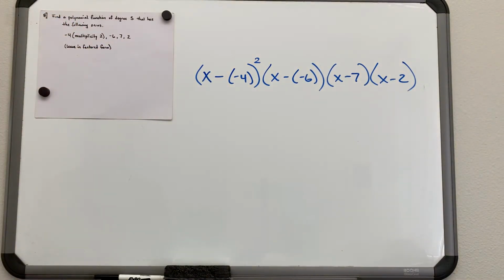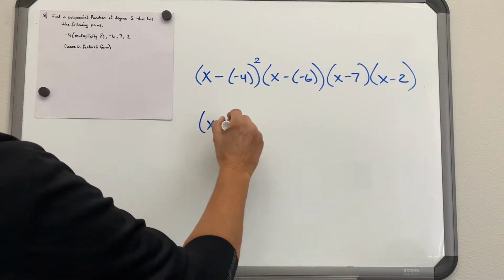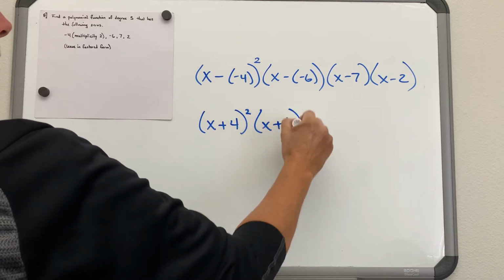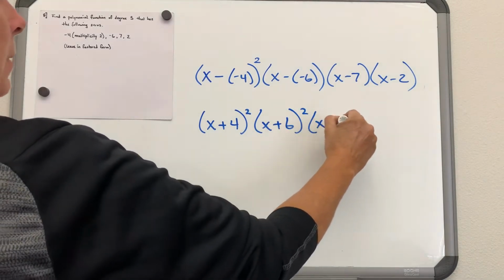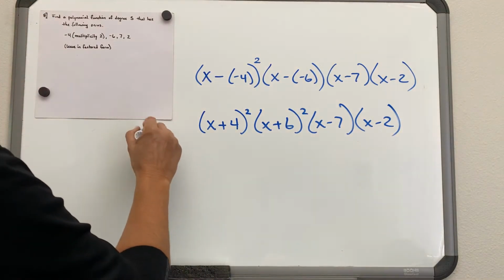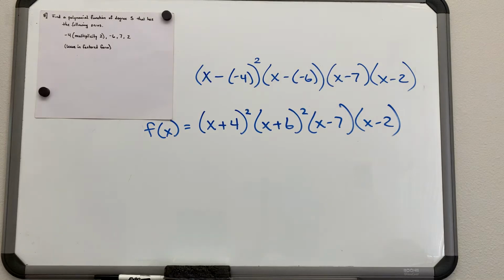So I can clean these up a little because a minus next to a minus would give me x plus 4 squared, x plus 6, x minus 7, x minus 2. They wanted this as a function, so I'm going to go f of x equals, and that's the answer.